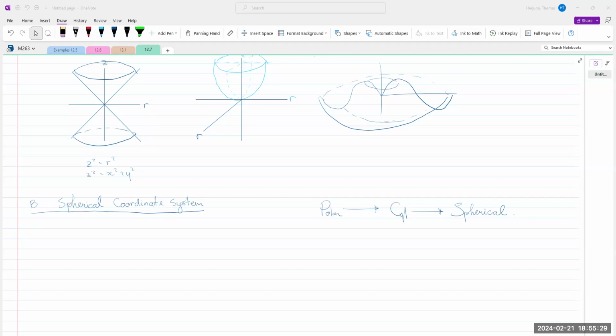Hold on, give me a second. Spherical coordinate system looks like this. I stole this from the handout, by the way.